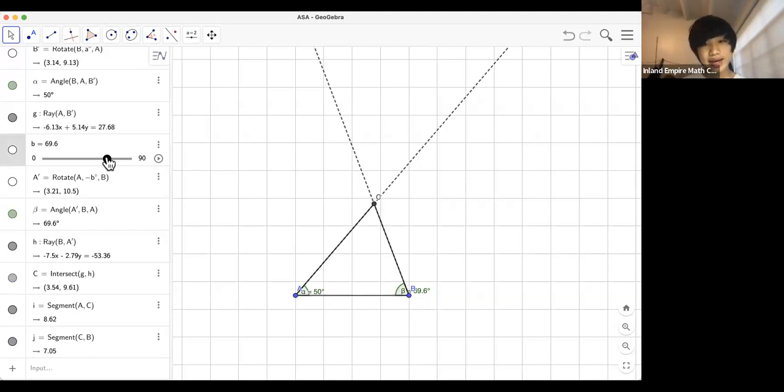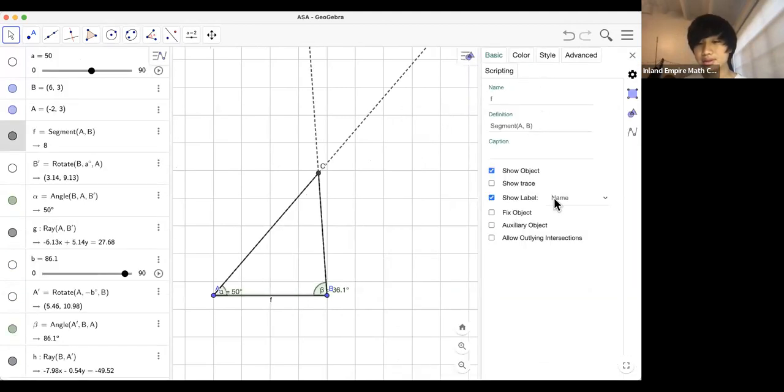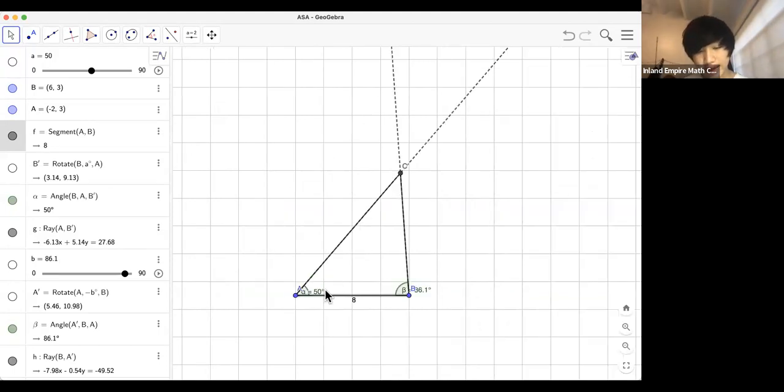Because if, say, I adjust this, the only possible triangle that you can create with an angle of 50 degrees, and let's find the length of this, and a side that's eight whatever units long, will actually just be this one triangle, with these two specific angles attached to the side.